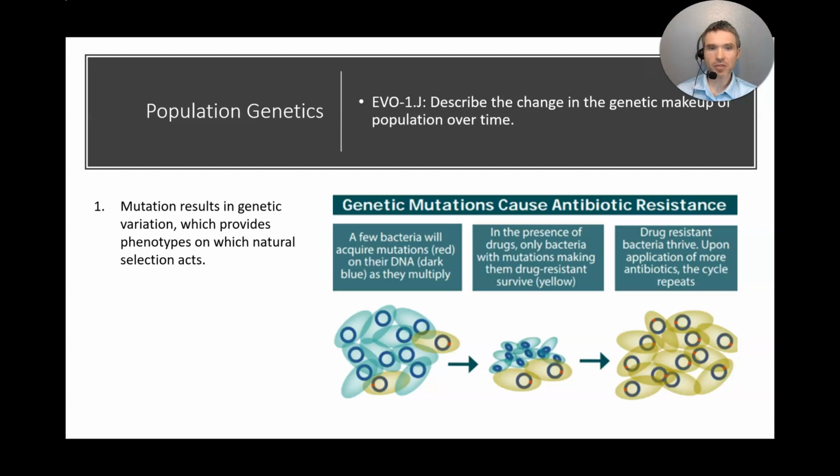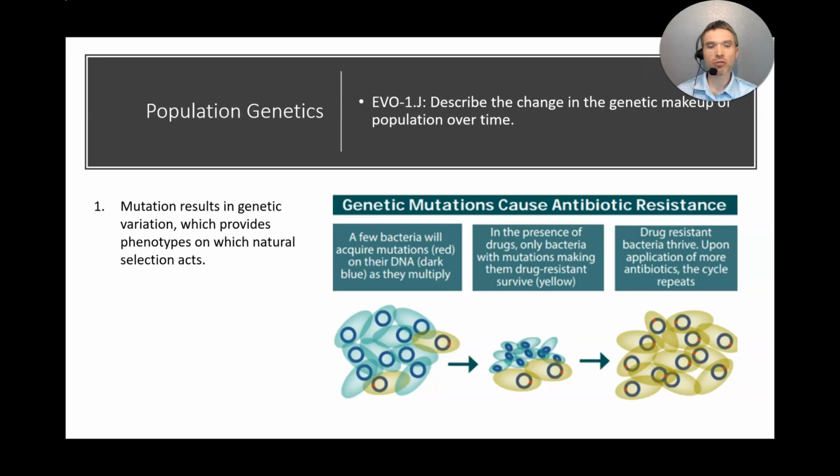However, because there is variation in the population, a small collection of those bacteria that are naturally resistant to the drug survive, and that is represented by the yellow bacteria. So all the blue bacteria die because they are sensitive to the drug. Now, because of competition and because of the drug, all the blue bacteria have been eliminated.